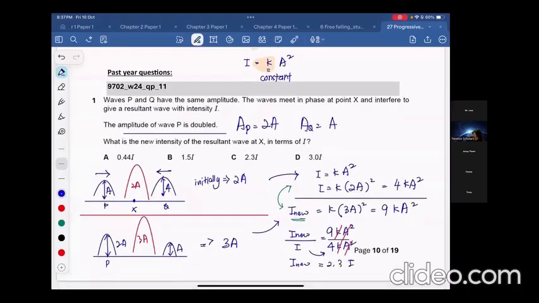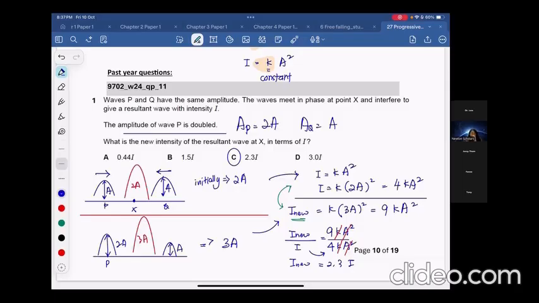You get the idea how we solve this question? Right, boys and girls, digest a bit. How did I solve this question? Initially, same amplitude, when they meet up, the amplitude becomes 2A. So the intensity is 4Ka squared. After that, they say amplitude P doubles up, so it becomes 2A. 2A meets up with the QA, they become 3A.